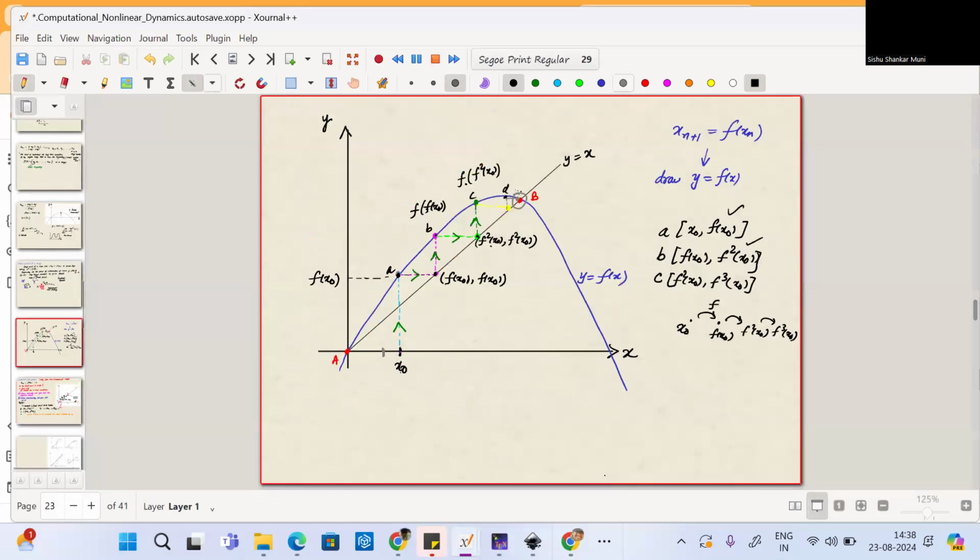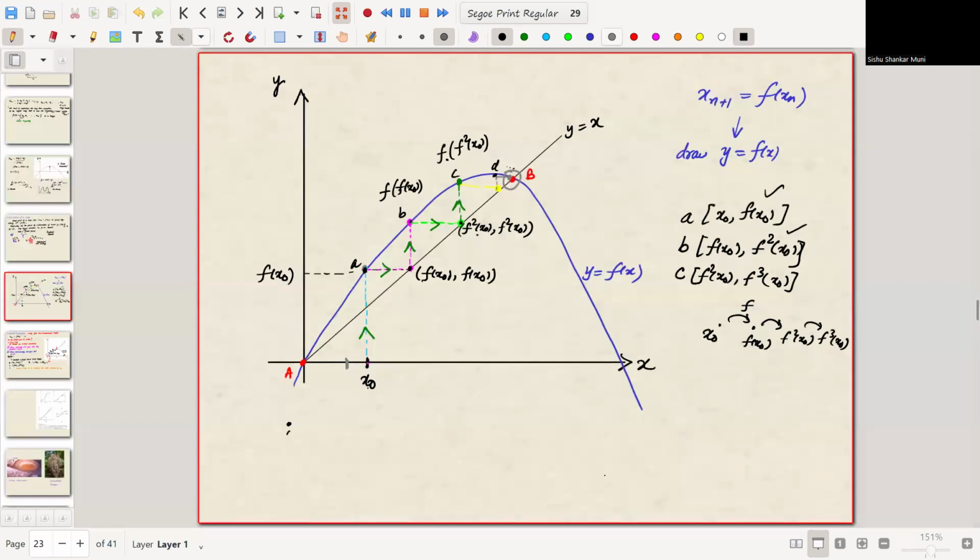When you started from minus 0.2, it was diverging on this side. And when you started from 0.05, it went to point B. So you can see the behavior of nearby trajectories at the origin. Therefore, you can say this fixed point is unstable.